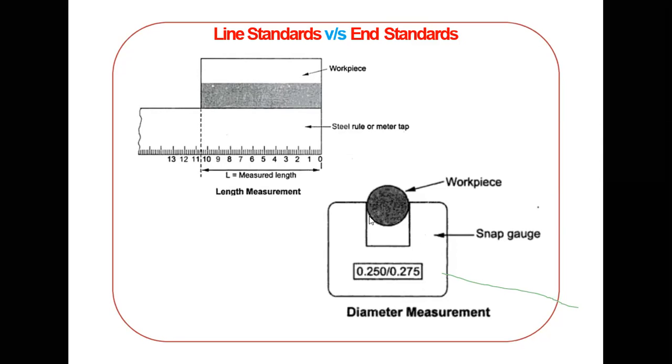These are the parallel edges, and the workpiece is going to fit in the parallel edges of the snap gauge. So the basic difference is that in the line standard we have more length quantity, but in the end standard you have to define between two engraved lines.